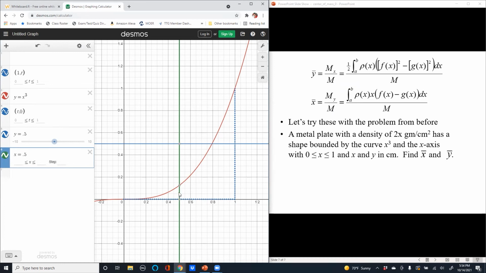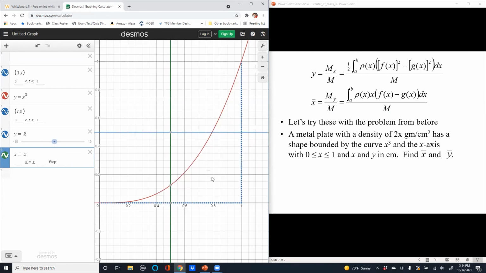If we look at this and we're trying to balance this thing, we're going to expect x bar and y bar to be here, because this is our thickest, densest part of the plate. So we would expect x bar to be bigger than a half and y bar to be less than a half. Again, we do this because we want to make sure our answers make sense.